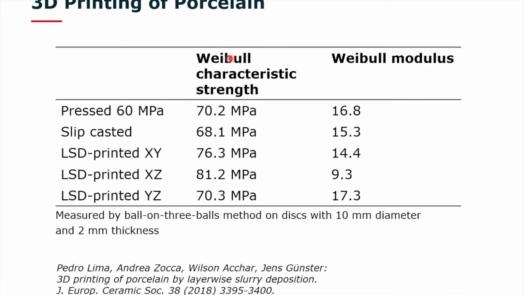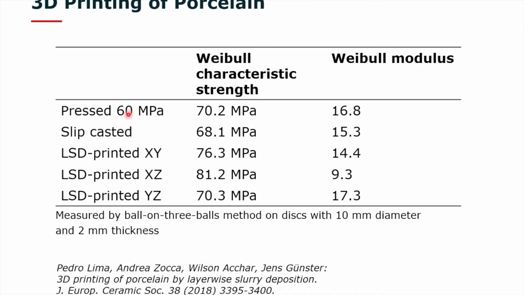Shown here are the Weibull characteristic strengths and the Weibull modulus from different samples. These are 3D printed samples with 3 orientations. This is the most critical one with the layers perpendicular to the maximum stress. And this is a slipcast sample, and these are pressed samples.